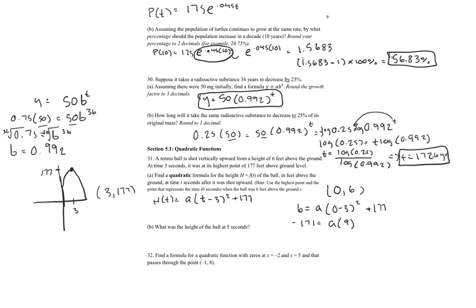So we divide by 9 on both sides, and we get a is equal to negative 171 over 9, or negative 19. Now that we have our a, our height function h of t is equal to negative 19 times t minus 3 squared plus 177.